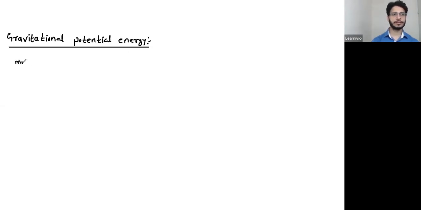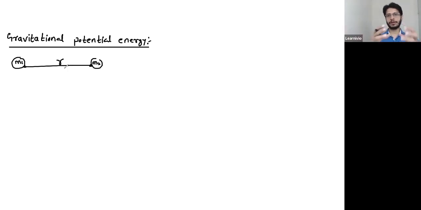So if you have two masses, a mass m1 and another mass m2, placed at a separation r, will these masses attract each other? They are placed in free space. Yes, they will attract each other. Due to which force?